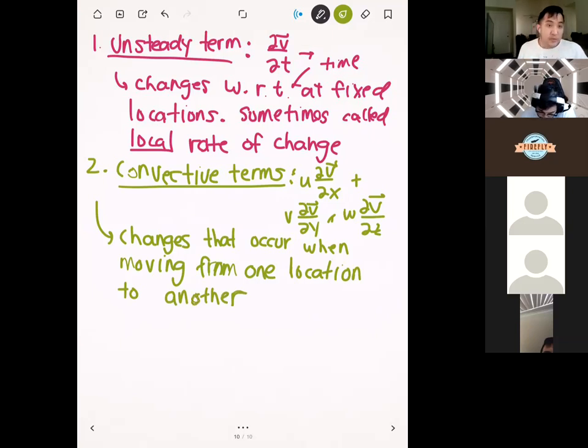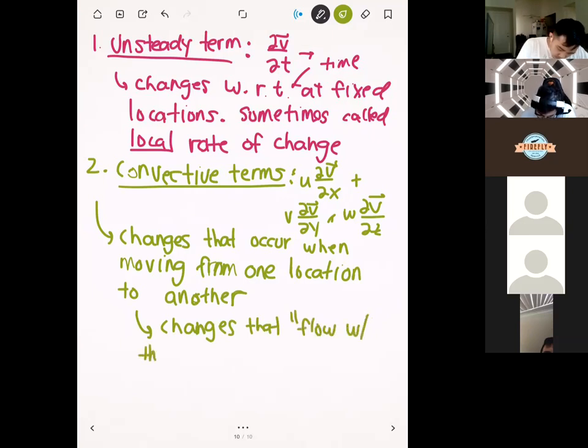Another way that we can describe this is because we have the product of the fluid velocity and a spatial derivative. These are changes that occur as you flow with the fluid. Right.